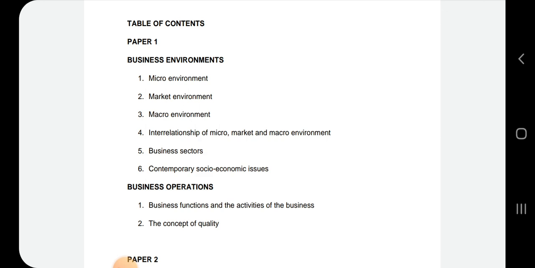Today is going to be market and macro environment, and then we will do the interrelationships of micro, market and macro environments. Then we still have business sectors and contemporary socioeconomic issues. Let's get right into this theory.